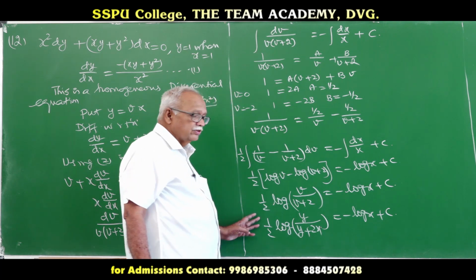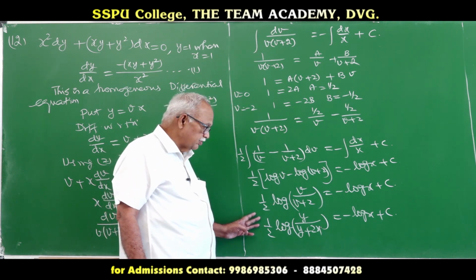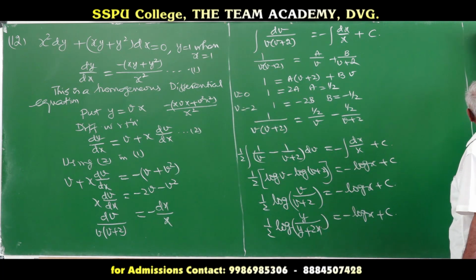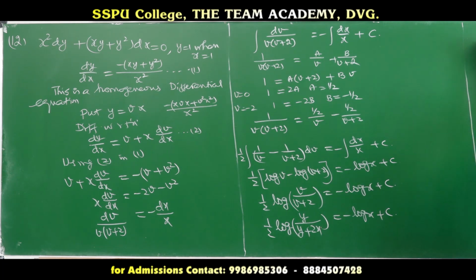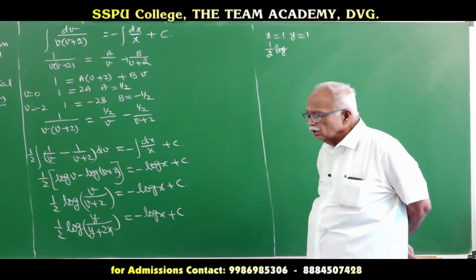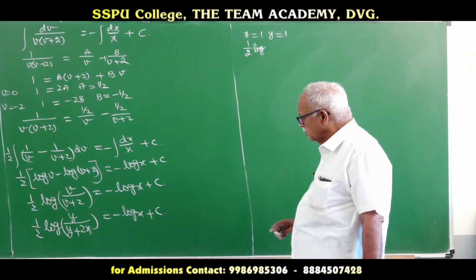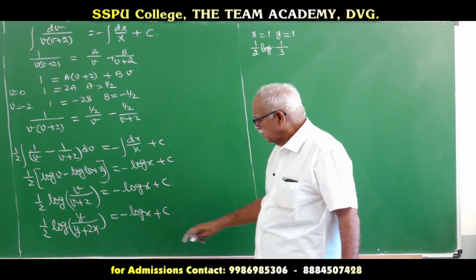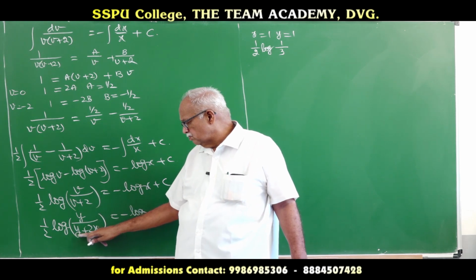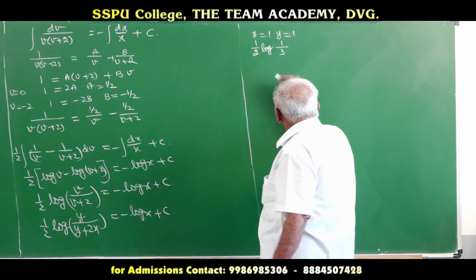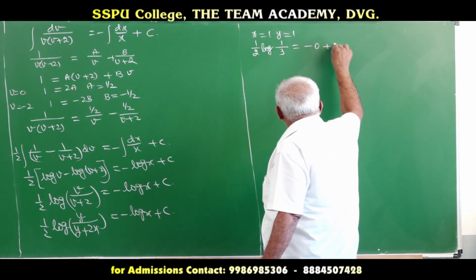So, for this general solution we have to find the particular solution using the initial conditions. The conditions given are x is equal to 1, y is equal to 1. So, calculate c. 1 by 2 log, y is equal to 1, y plus 2x is 1 plus 2, so 1 by 3 you will get, minus log 1, that is 0, plus c.